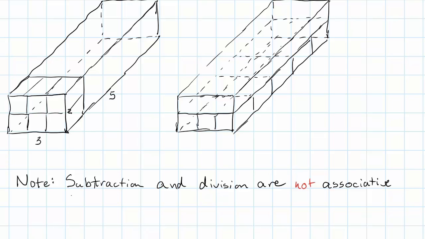Note that subtraction and division are not associative. For example, if we have 8 minus 3 minus 2, that's 8 plus negative 3 plus negative 2. Now this is associative. I could add together the negative 3 and negative 2 first if I'd like.